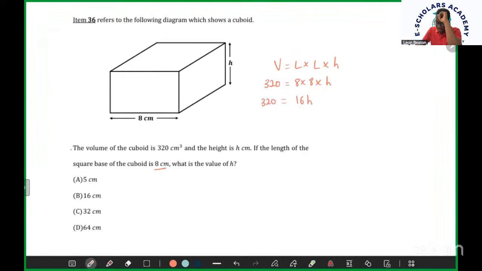All right, so the 16 is multiplying, I take it over and divide, so 320 divided by 16 is equal to the height. Remember, you don't have calculators, so you have to find ways to make it.